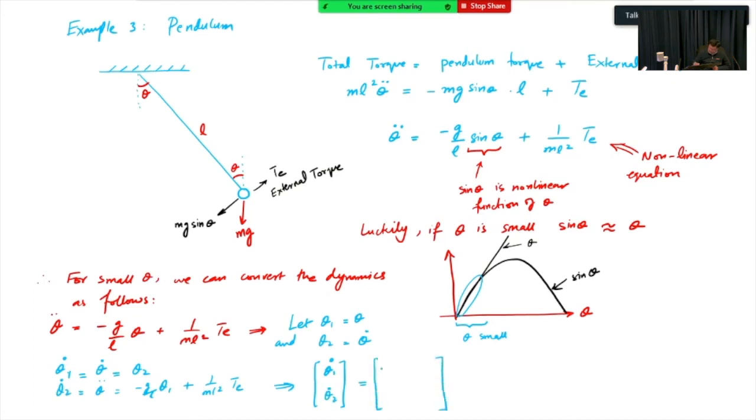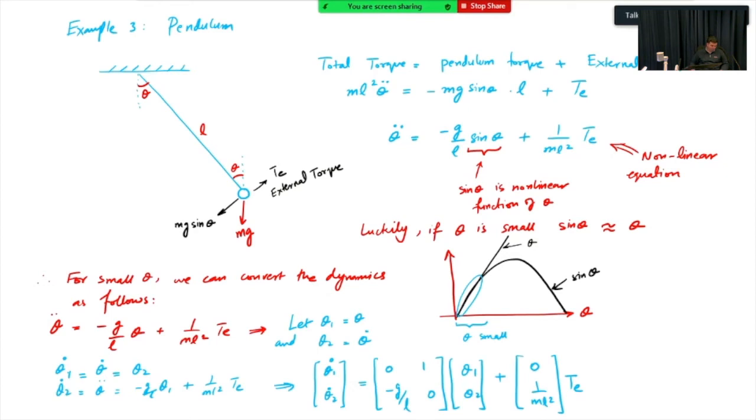You can write it as [0, 1; minus g over L, 0] times theta 1, theta 2, plus [0; 1 over ml squared] Te. Okay, so you see that with a simple approximation we could actually convert the nonlinear system into a linear system, and again we have ended up in a state space representation.